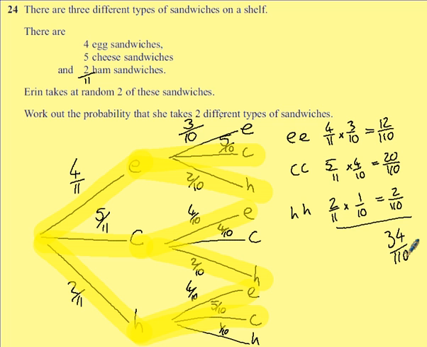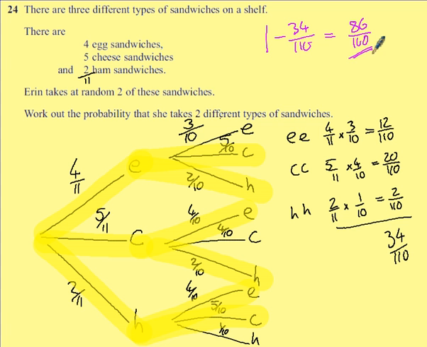I didn't want the probability that she took 2 of the same sandwiches. However, the lovely thing with probability is that I can remember that probabilities must sum up to make 1. And if I didn't want these 34 events out of the 110, I can be pretty sure that I did want the 86 events out of 110 that are her picking 2 different sandwiches.